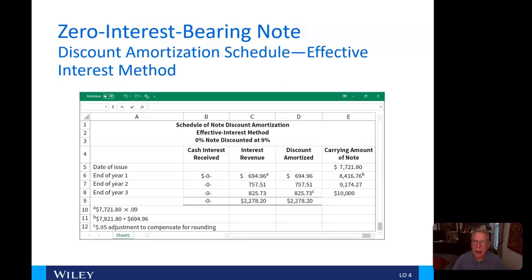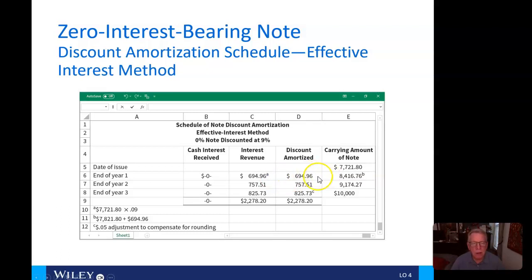Here we're going to amortize that using the effective interest method. So you'll remember that our effective interest rate was 9%. In this case, our carrying value was $7,721.80. We'll multiply that times 9%, and we get $694.96.